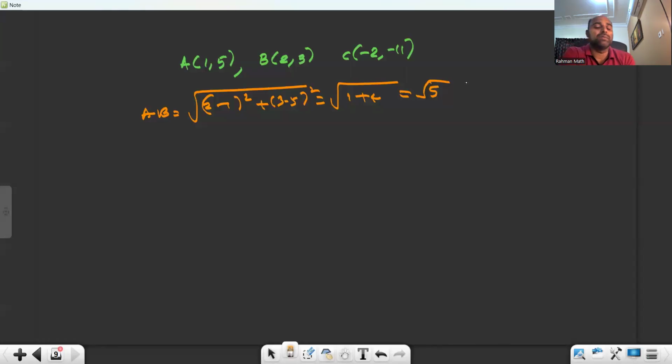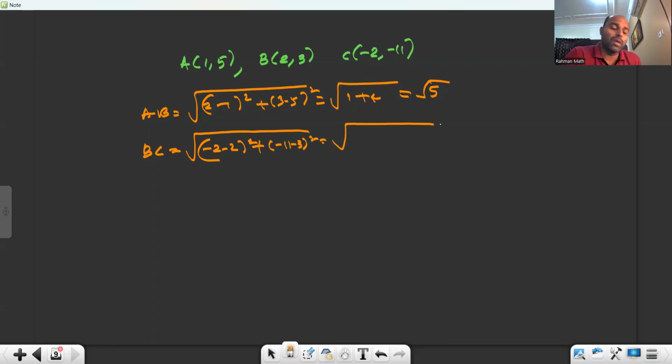After that, you have to find BC. Minus 2 whole square, minus 11 minus 3 whole square. Minus 2 is what? Minus 4. Minus 4 square 16. Minus 11 minus 3, minus 14, 196. Here one problem is there. I want to change the question, one minute. Let me see.